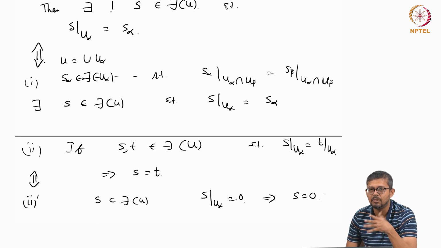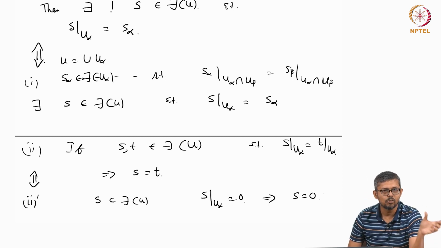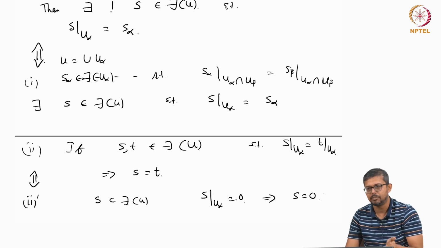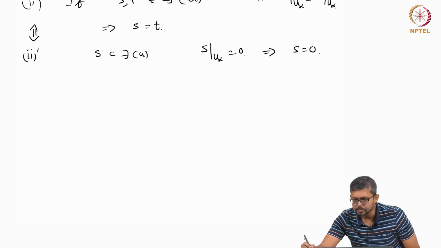So, these are all equivalent conditions. It's like injectivity. For a group homomorphism, it is injective if and only if whenever the image is 0, the element has to be 0. So it is the same. These are all equivalent sheaf conditions.